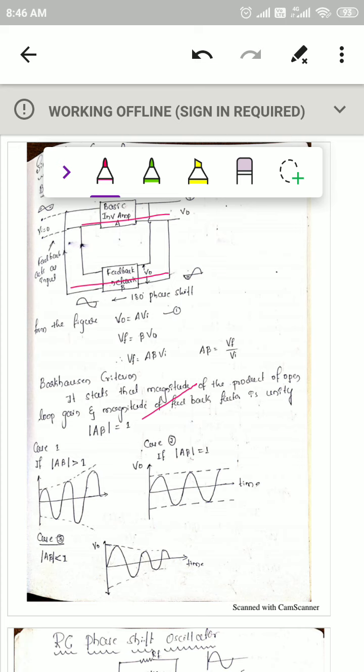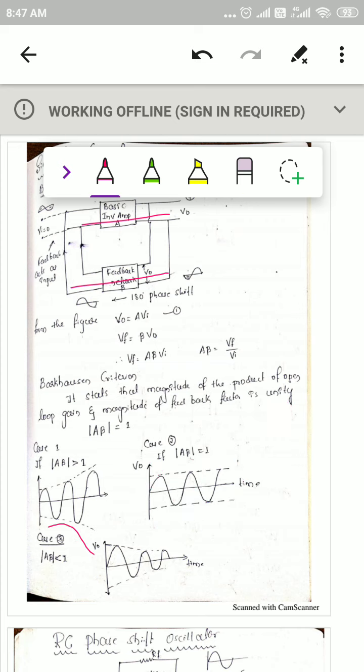In the first case, A into beta, the forward path and feedback path gain, is greater than 1. You will get oscillations, but gradually increasing, growing type of oscillations. When A into beta is equal to 1, you will get saturated, that is uniform, oscillations.